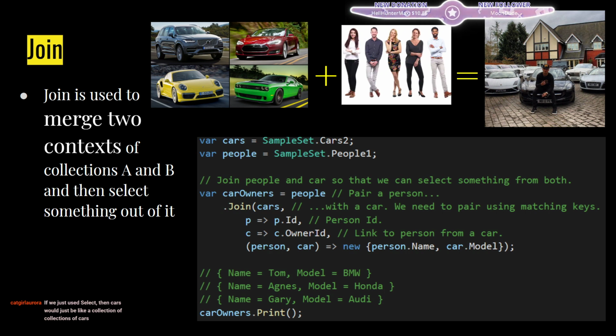Now, sometimes we have different contexts, but we need to join those contexts and work with both contexts at the same time. For example, if we have cars and people, maybe we want to create owners of cars. So basically a list of people with cars. So Join does just that. It merges two contexts, and then we can select from those contexts something that we want in a grouped way.